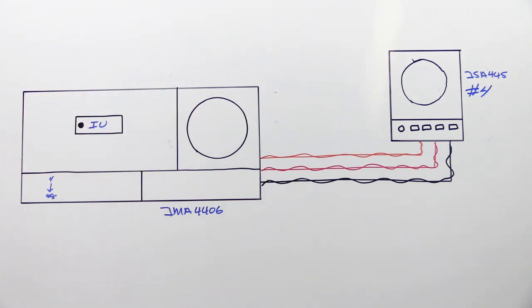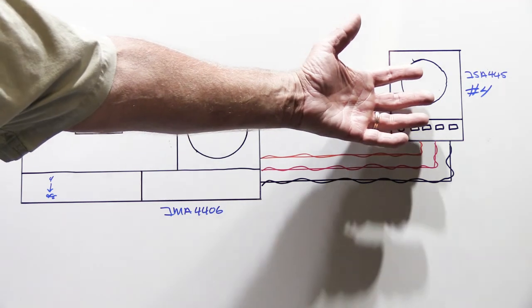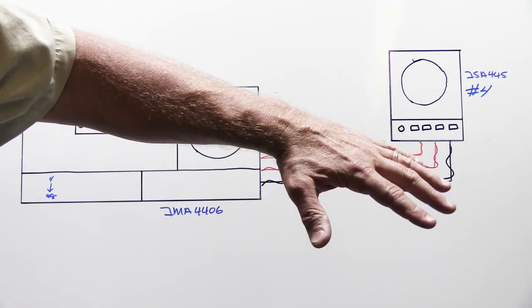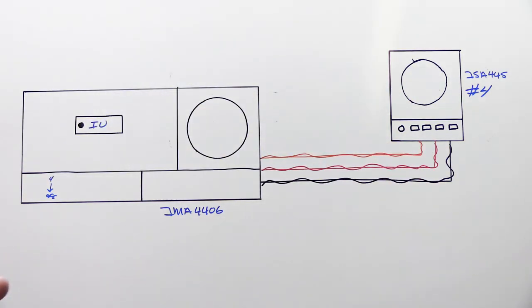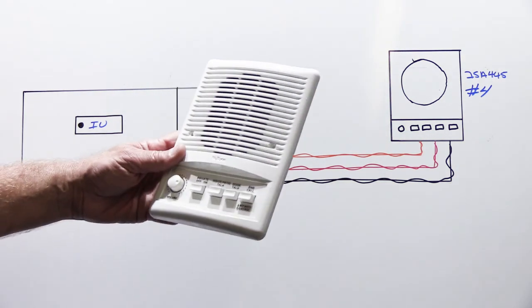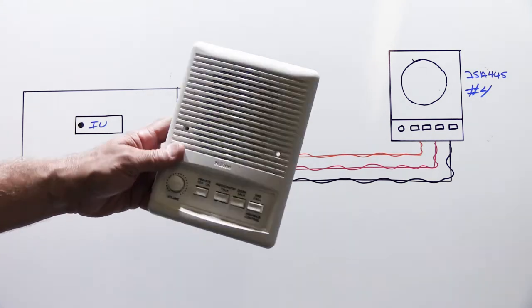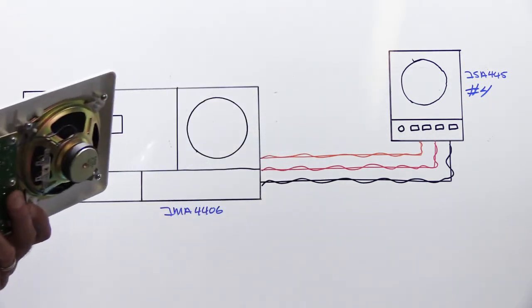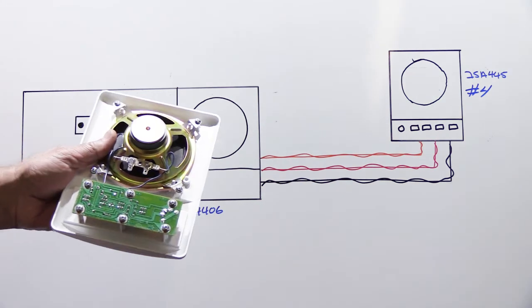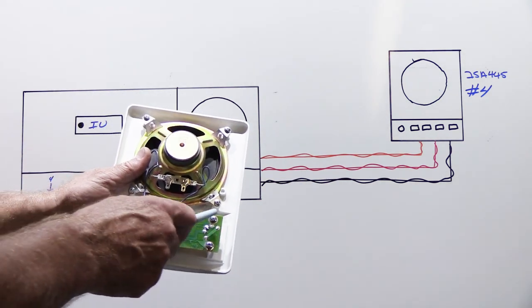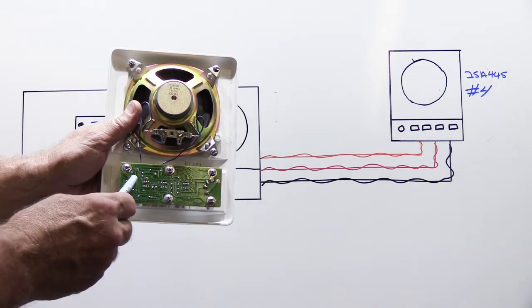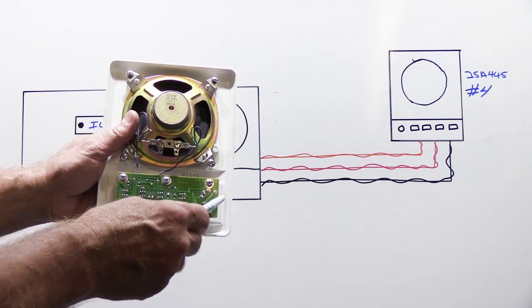Once you've located that, let's say that it's in bedroom number 1. So you go into bedroom number 1 and you remove the speaker from the wall, you turn it over onto the back, and you disconnect the 6 wires from the back of the speaker. So here's an ISA445 white, and if you turn it over on the back, you have the terminal board, and there are 6 screws, 1 for each wire.